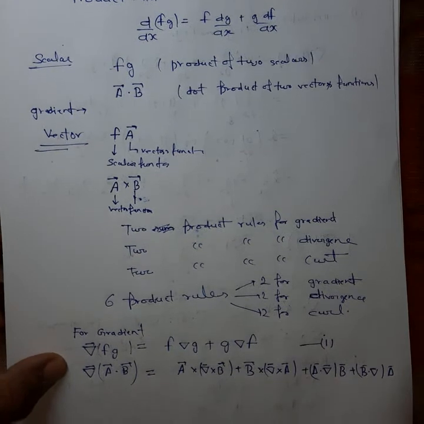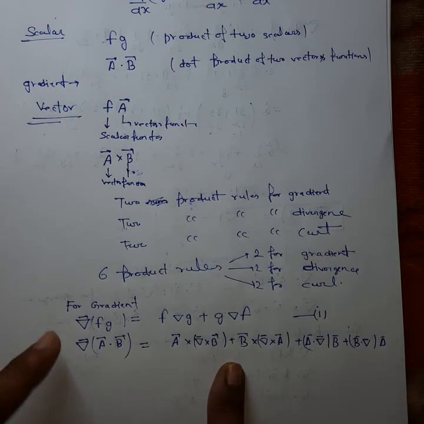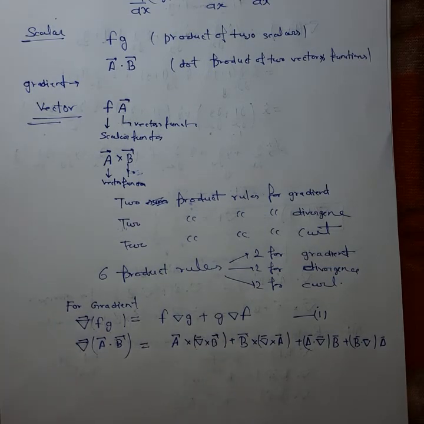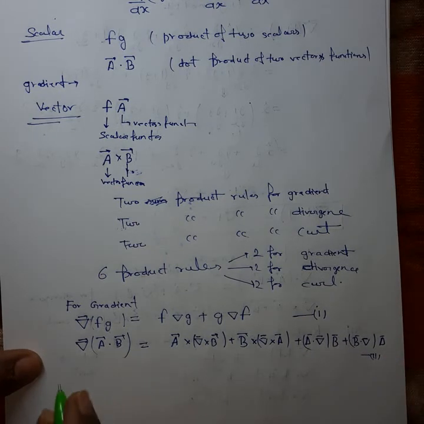So these are the product rules for gradient. Why I am writing this, because we will often use these product rules for the analysis of electromagnetic theory. So this is your second for gradient.